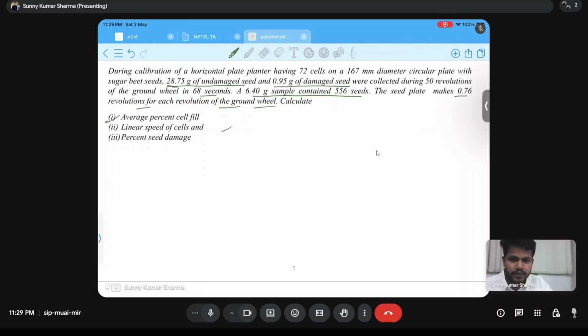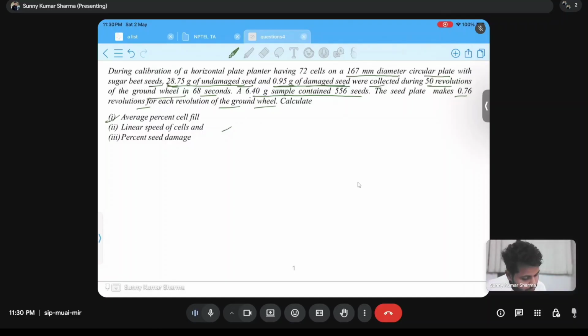After this, we will again solve a question related to seed drill. During calibration of a horizontal plate planter having 72 cells on a 167 mm diameter circular plate with sugar beet seeds, 28.75 gram of undamaged seed and 0.95 gram of damaged seed were collected during 50 revolutions of the ground wheel.